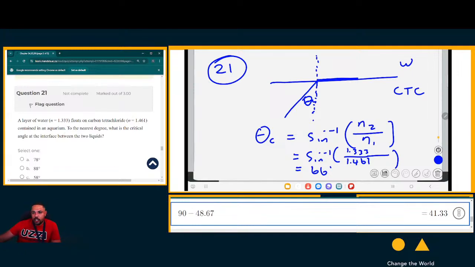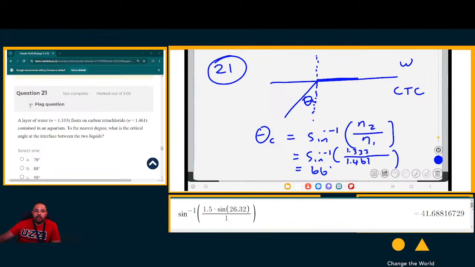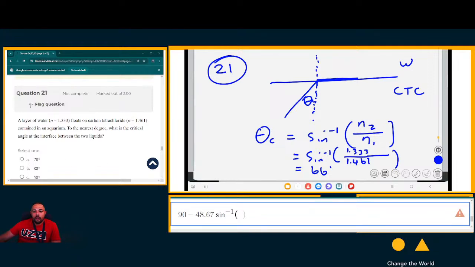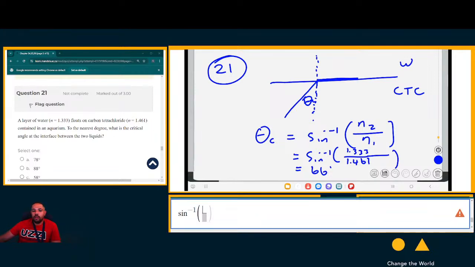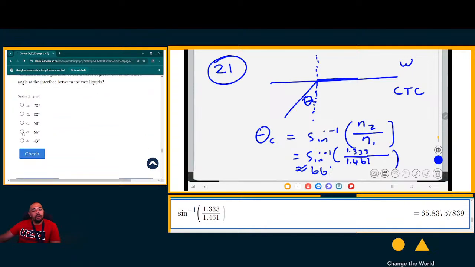Okay, let's see if we do get 66. Inverse sine of 1,33 divided by 1,461. 65.8 degrees, which is approximately 66 degrees.